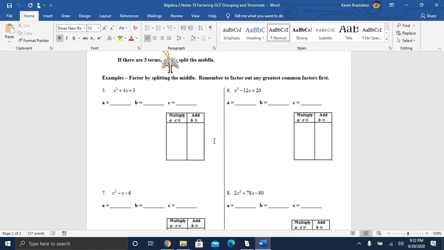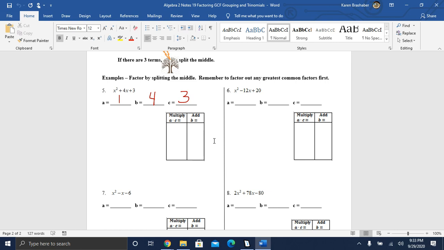All of these eventually are going to have a 1 in front of the x squared that's not being written. So 1x squared, the a is a 1. The b is the number in front of the x. For this problem, it's a 4. The c is the constant, the number that does not have a variable. For this problem, it's 3.